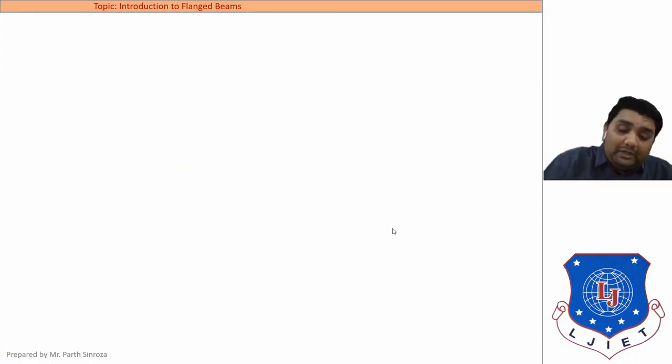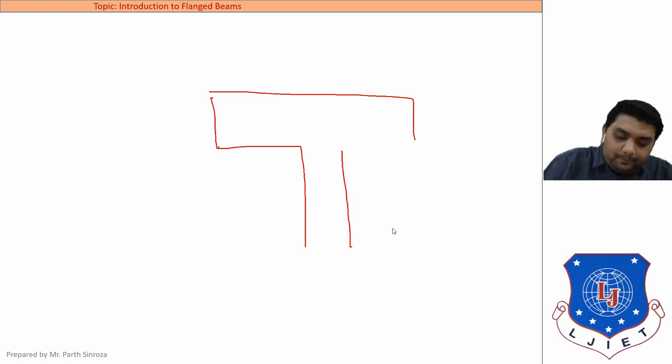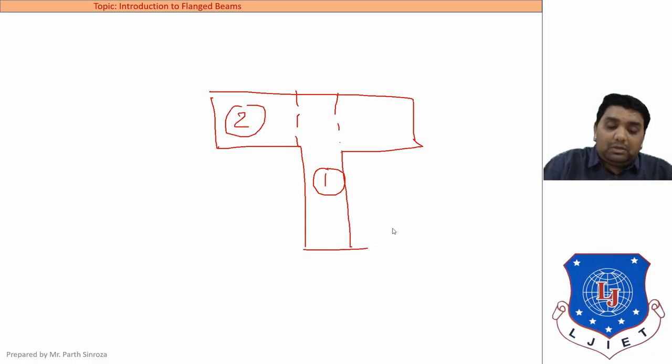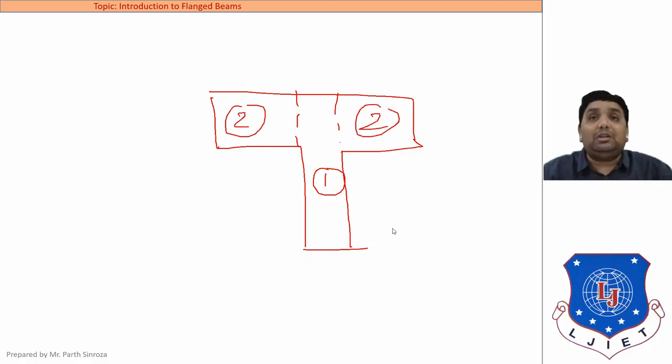We will always be cutting our T-beam in this way. That means this will be our section 1 and the two remaining portions will be our section 2. Why so?